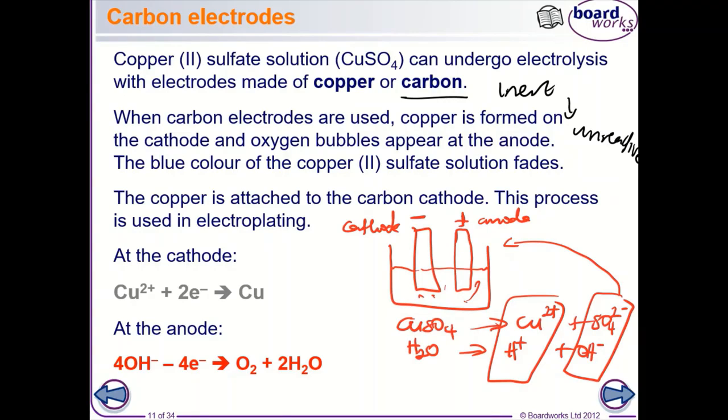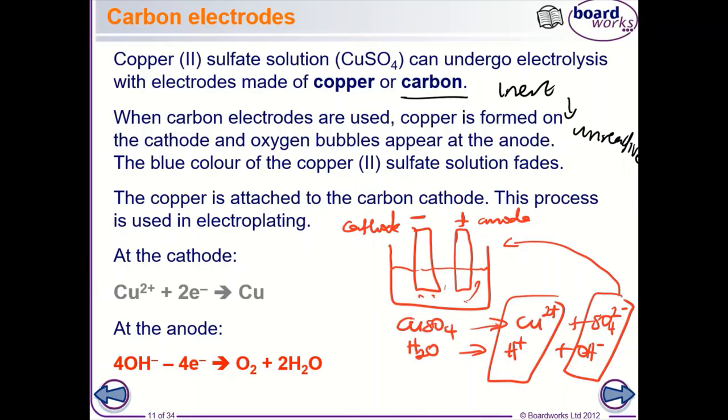If you look at your reactivity series, you will find out that hydrogen is higher than copper. In this case, copper will be given preferential treatment because copper is weaker than hydrogen.